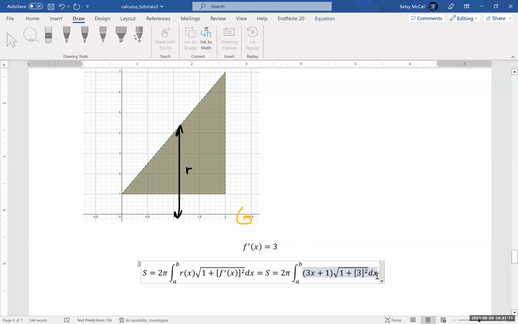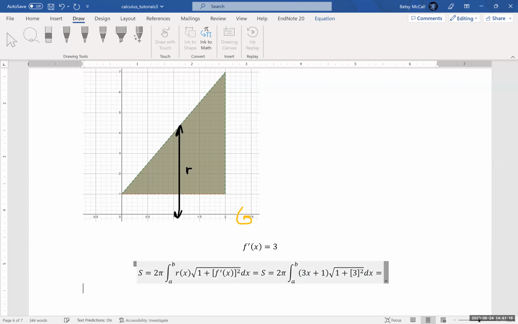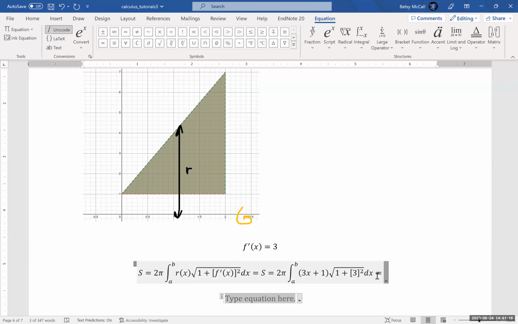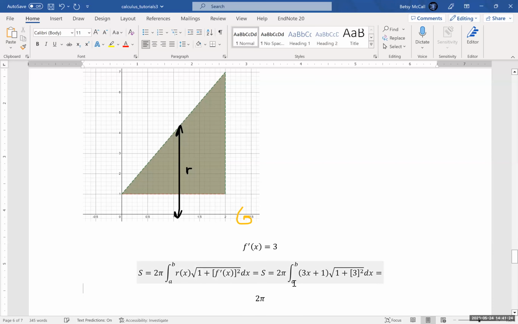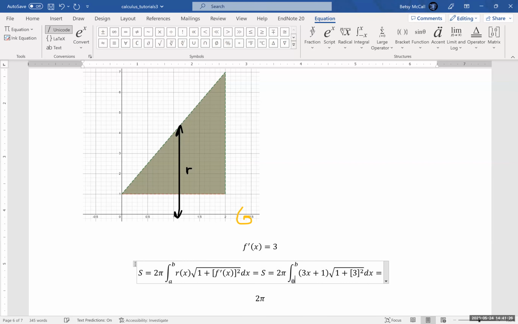And then we just have to simplify. We get 2 pi. Our limits of integration, since we're in x, are going to be from 0 to 2.